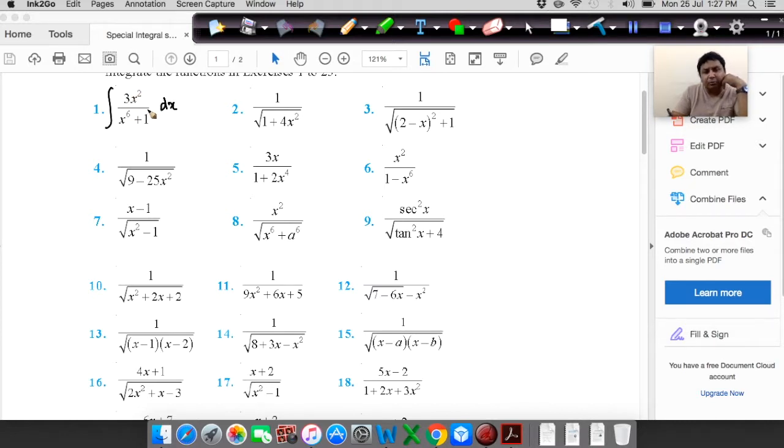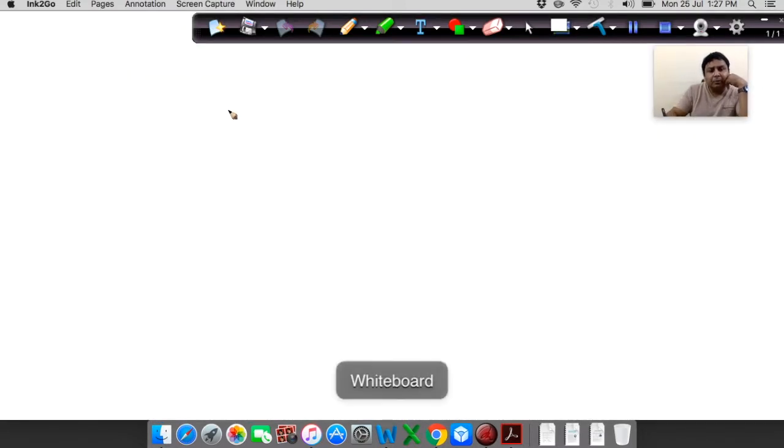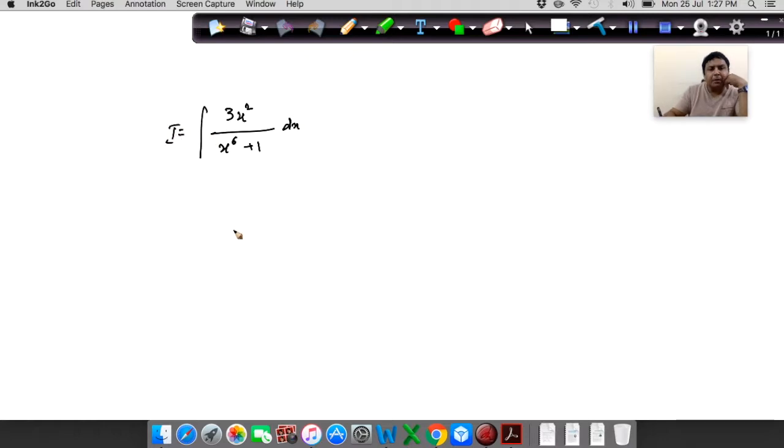That will be x cube. So to solve this sum, 3x square upon x to the power 6 plus 1, we take x cube is equal to t. So 3x square dx is dt.